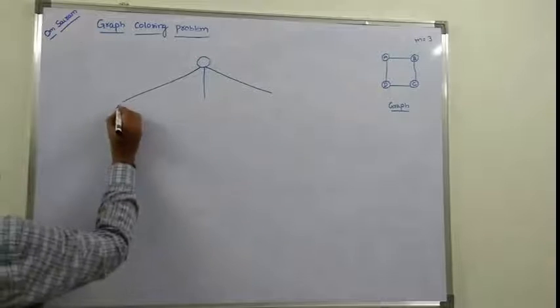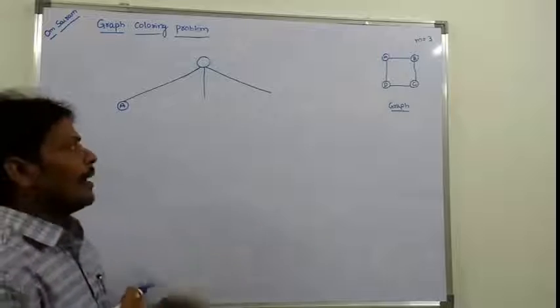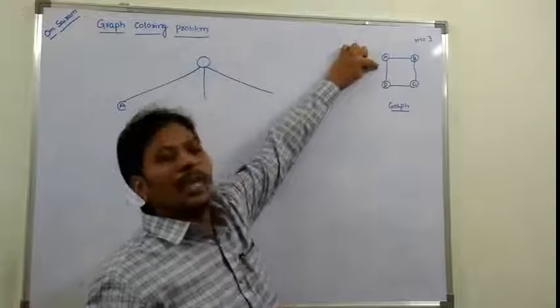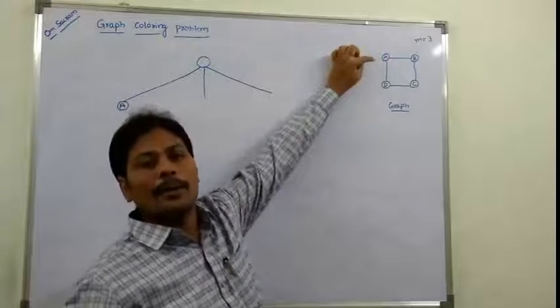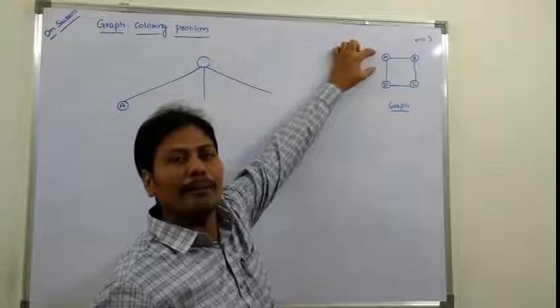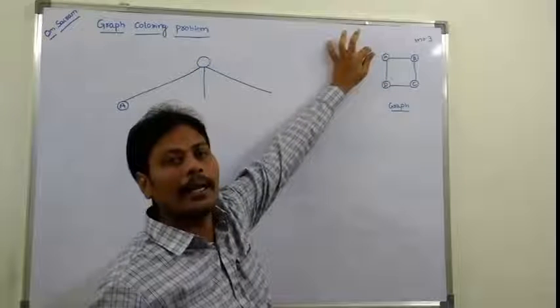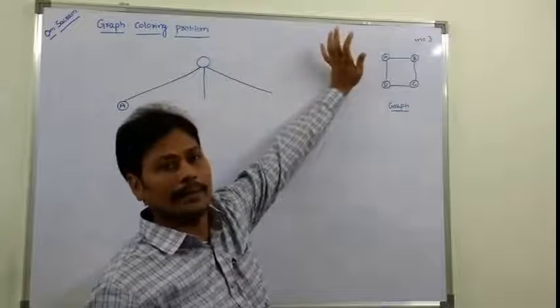Suppose we take a vertex A. What are the possible colors we can use for vertex A? Vertex A can be colored with either the first color or the second color or the third color.